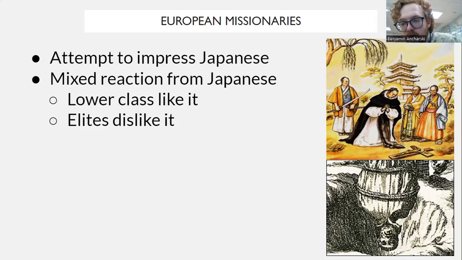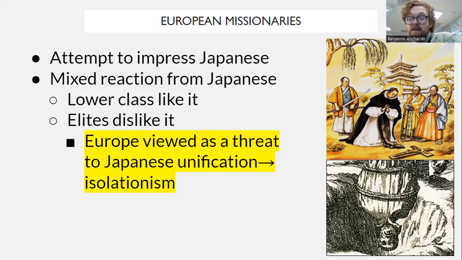There is a fear that if we accept Christianity, that could lead to European colonialism, that could lead to European colonization, that could lead to taking over Japan. So we do see this fear and suspicion that Europeans could take over Japan.